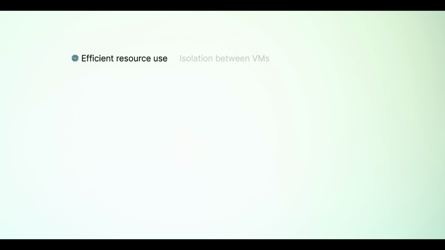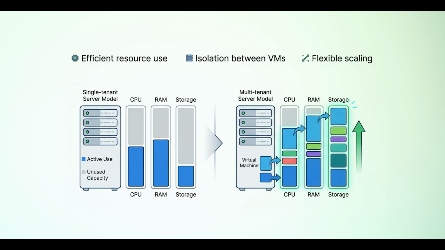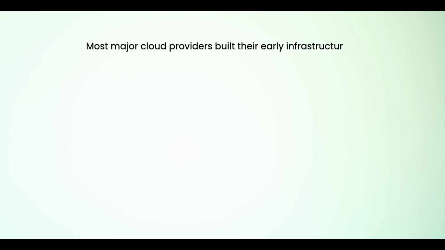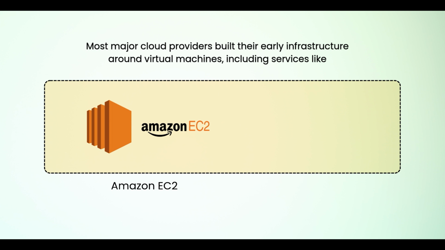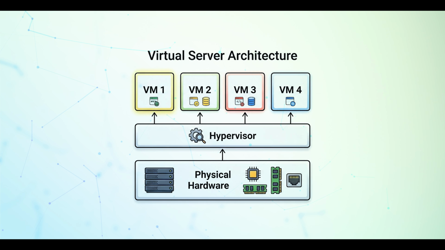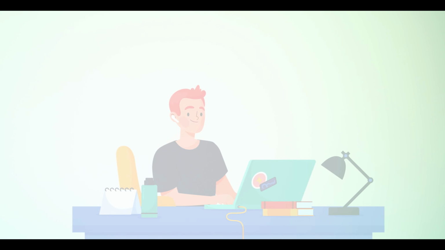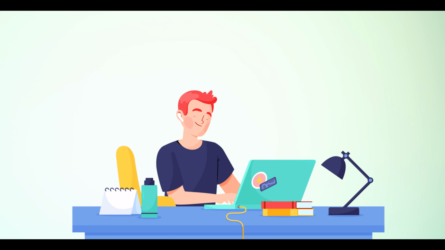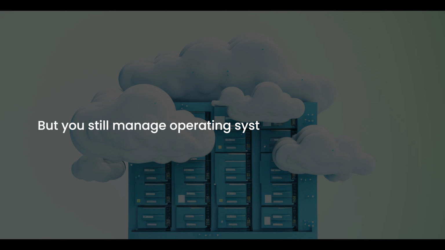This dramatically improves hardware utilization and makes scaling more flexible. Most major cloud providers built their early infrastructure around virtual machines, including services like Amazon EC2 and Microsoft Azure Virtual Machines. One physical machine, a hypervisor layer, multiple isolated virtual servers. Virtual machines improve efficiency and flexibility, but you still manage operating systems and infrastructure.